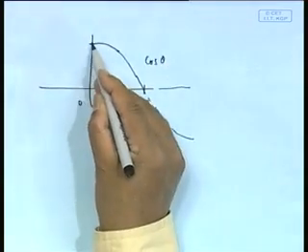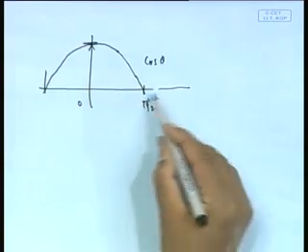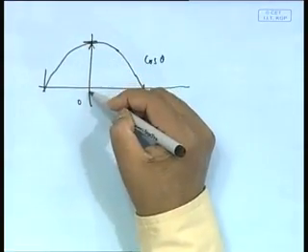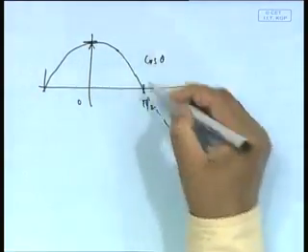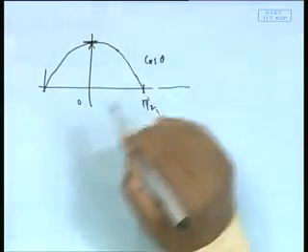Cos theta has this look, with maximum value at theta equal to 0, and at theta equal to pi by 2 it is 0. So, it has this kind of a spread.